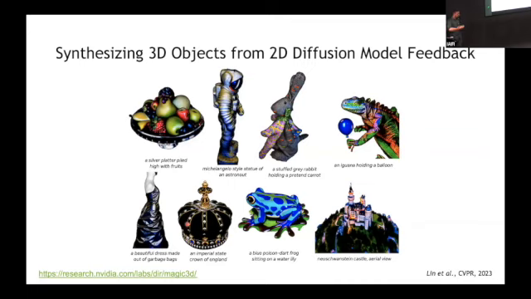You can backprop this into your neural network-based parameterization of the 3D object. And if you do this from many perspectives and iteratively backprop the gradients into this 3D object, you can synthesize shapes from that. And so these are all 3D shapes that are generated here.